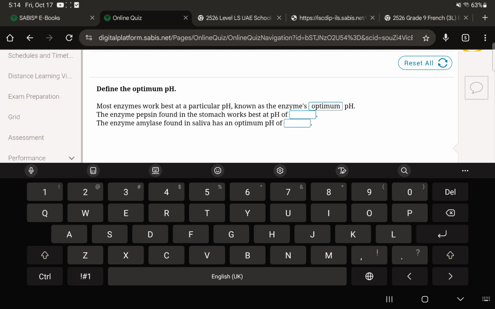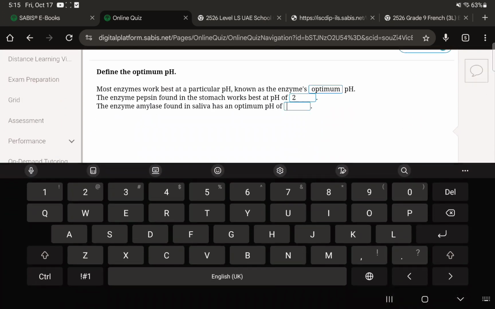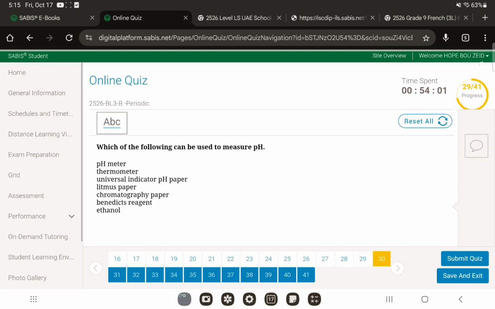Now the book doesn't specifically mention the optimum pH, or at least I don't think it does, but generally I think it is 2. Okay, so I checked the book really quickly. I paused the video and checked the book, and yes, it is in the book. My bad, sorry. The optimum pH is 2 for pepsin, and for amylase it is 7. This is obviously something that you just have to memorize.